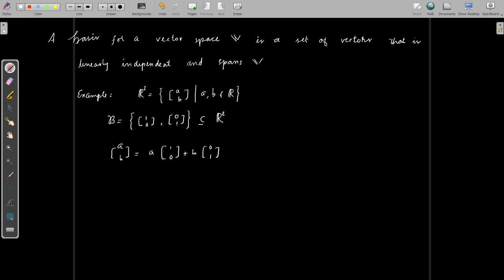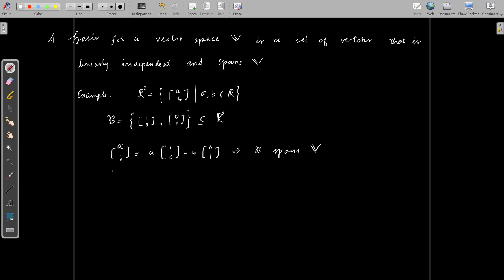So this is a linear combination of the vectors of the set B. So B spans R2. From this you can say that B is a spanning set of V.